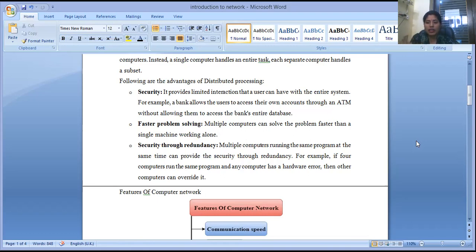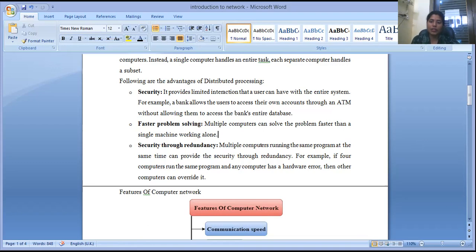So here data is used by multiple systems, but security is also provided to those systems, isn't it? For example, if four computers run the same program and any computer gets a hardware error, then other computers can override.